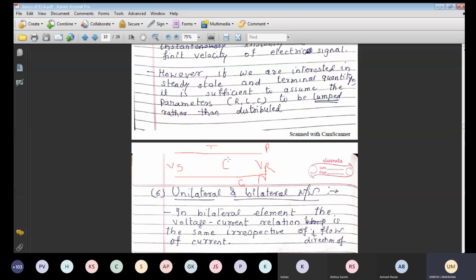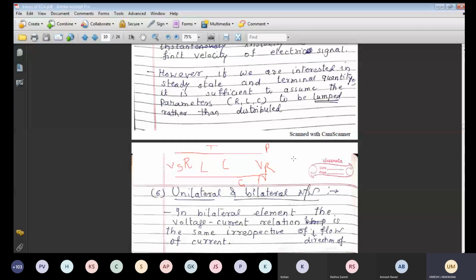Now because of mutual inductance, because both conductors are placed near each other, it produces EMF in the other circuit. Because of that, it produces inductance L. And resistance, as usual, is offered by the transmission line. Normally it is a very small value, so we can neglect the resistance in actual analysis. Now this is a single wire having a certain length.